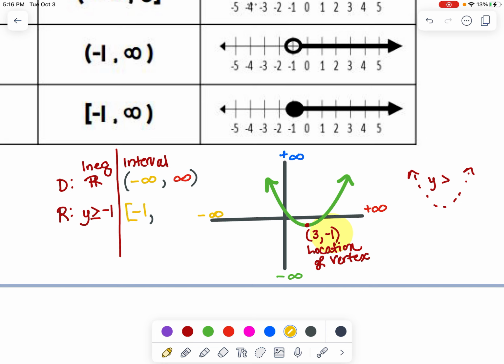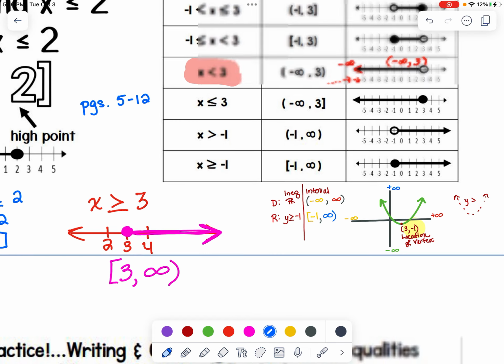And then it's going to go up forever, up to the sky, that's a positive infinity. And then infinities always get parentheses. Okay? So that's how we do interval notation.